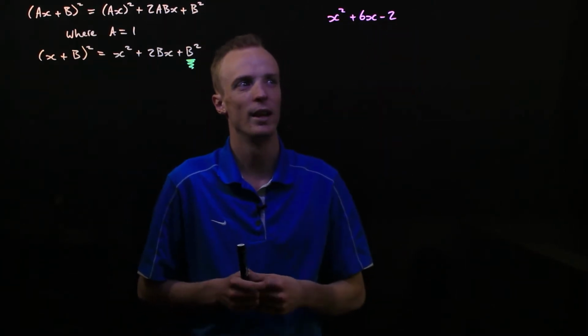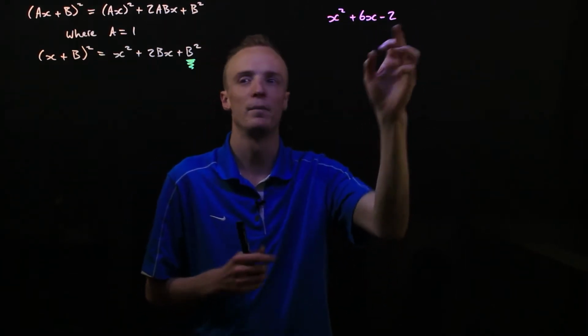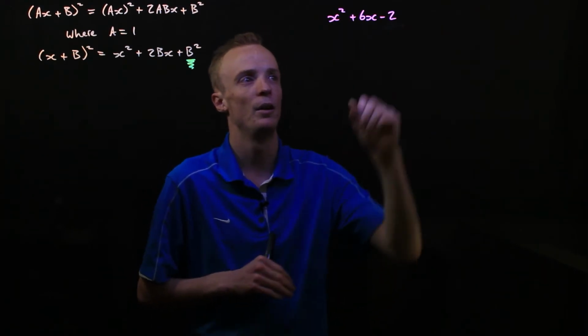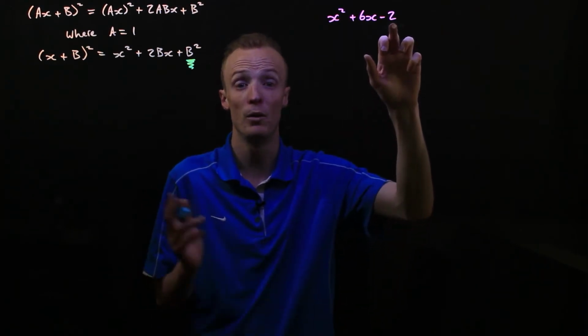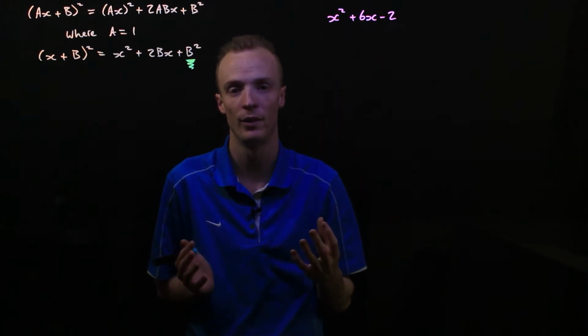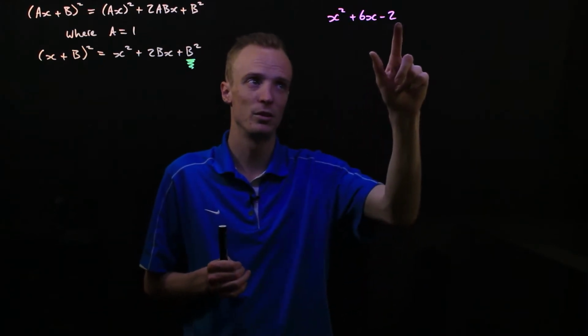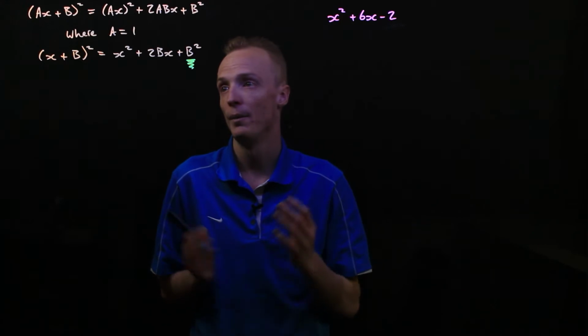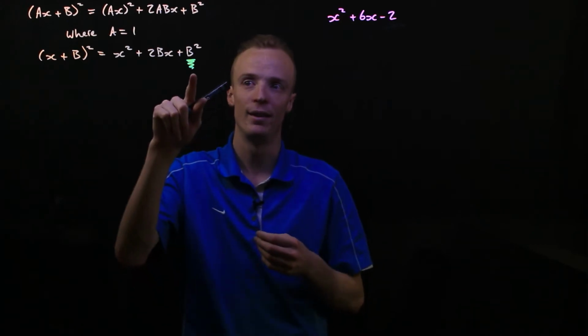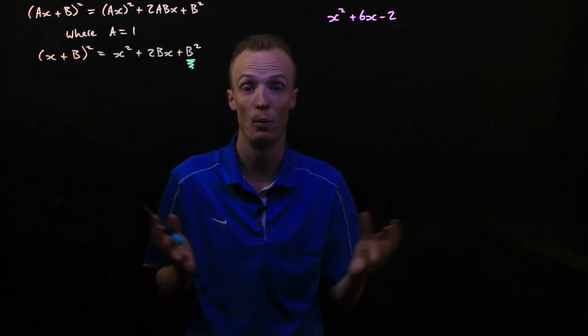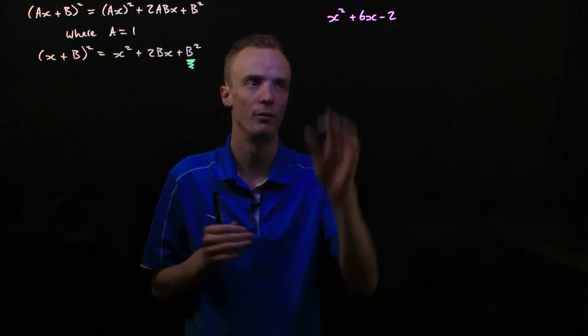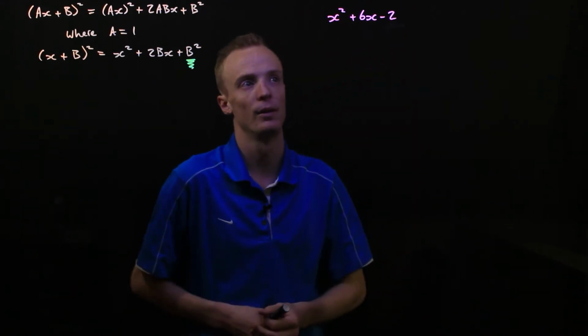So what I'm really looking at here is I'm looking at this value here. Now to complete the perfect square, I would need to square root this value, multiply it by 2, and it should equal 6. Now clearly, we're not going to be able to do that with negative 2. So we need to invent this b value into this problem somehow without changing the value of the expression. So how do we do that?